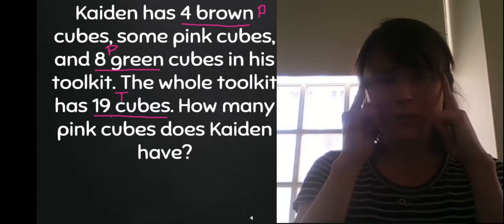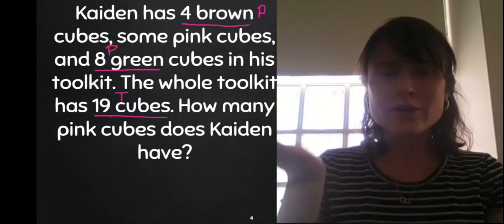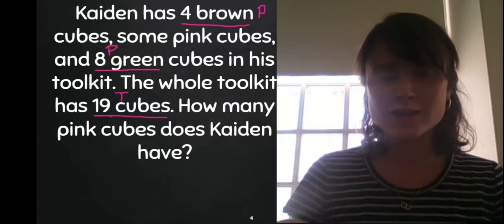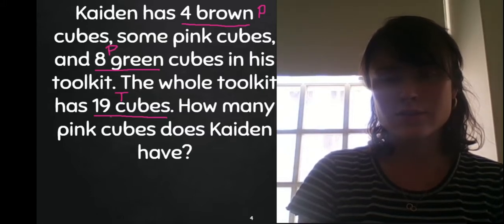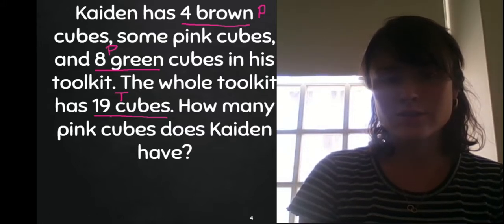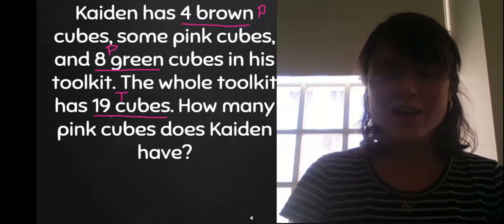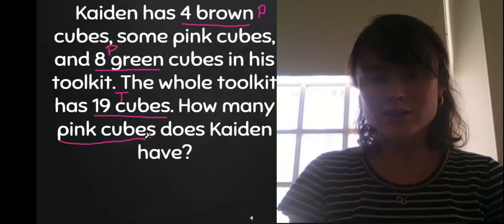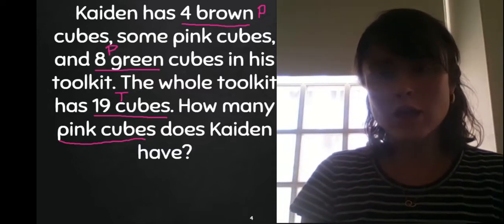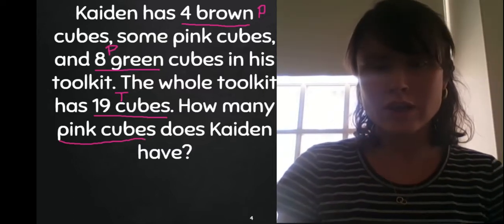So now we need to ask our brain, what are we trying to figure out? What does the question ask us? Ooh, good job. We're trying to figure out how many pink cubes Caden has. Will those pink cubes be a part, or will they be the total that he has all together?